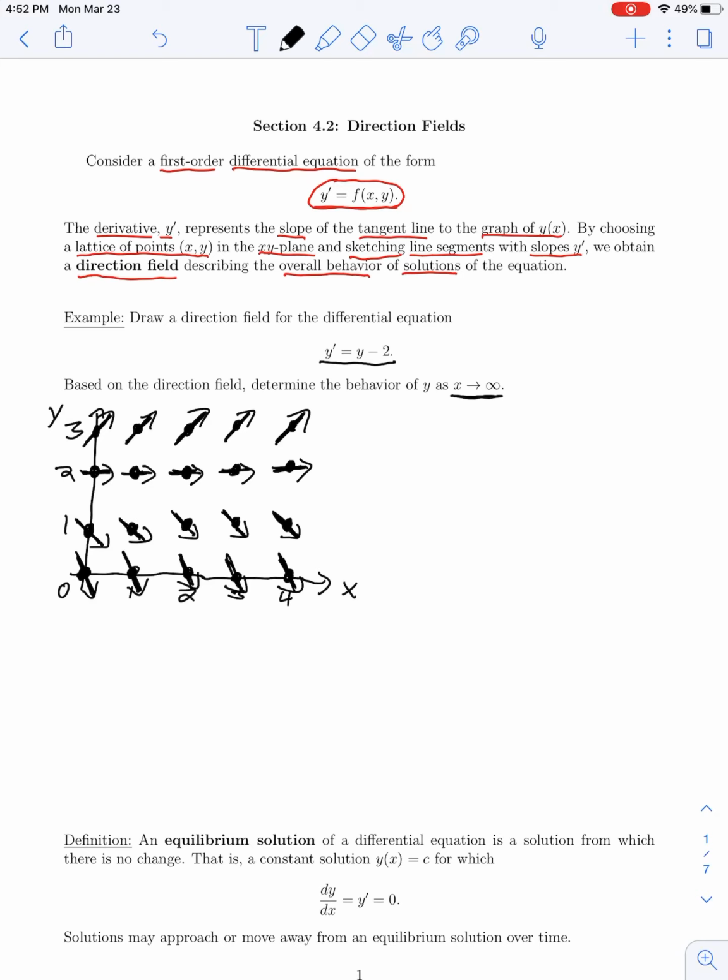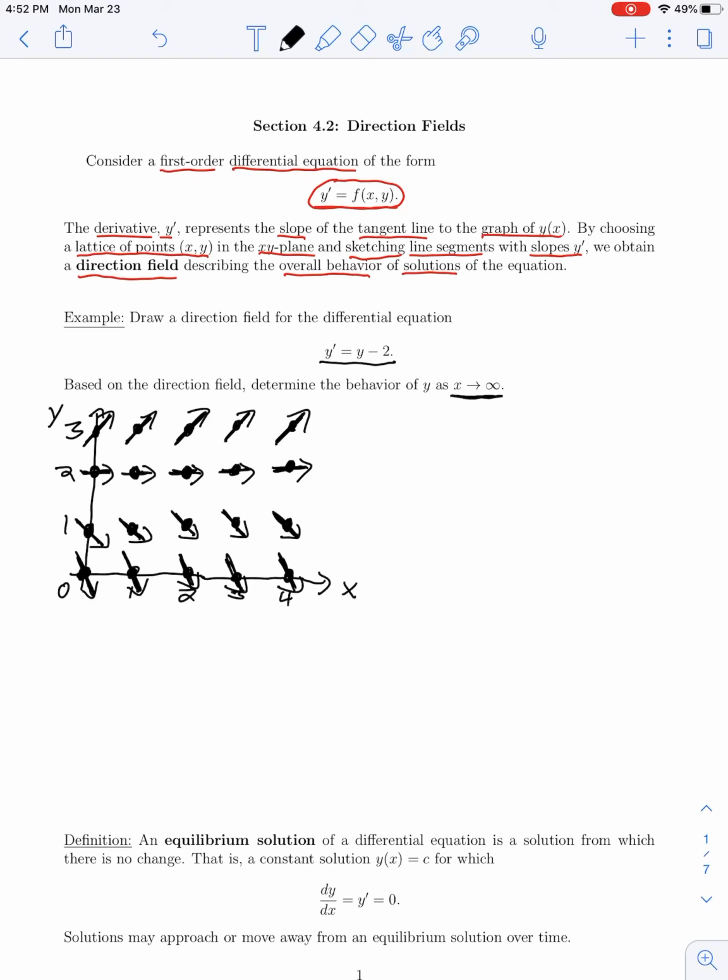Now, what good is this? What is this telling us about the behavior of our solution to this differential equation? Well, recall that each of these little arrows, or line segments, lies tangent to the graph of y of x. That is, it lies tangent to my solution.